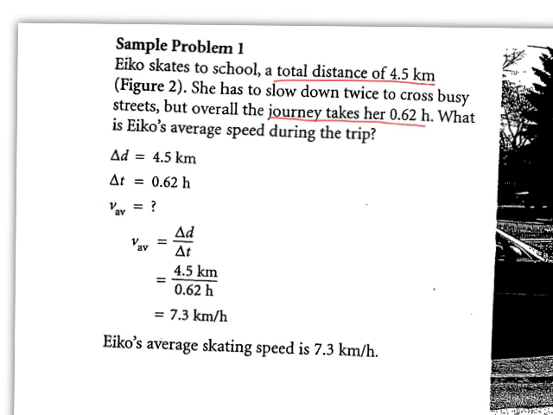And the change in time, 0.62 hours, we don't have to find the initial and the final time. It's already laid out for us. So in order for us to find the average speed, we're going to take delta D and divide it by delta T. And you just make sure that you fill in the appropriate information with the units onto your problem.